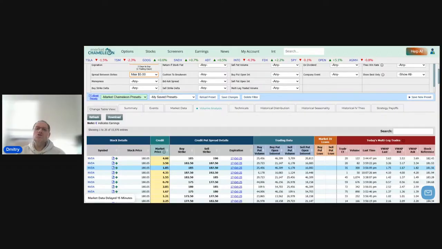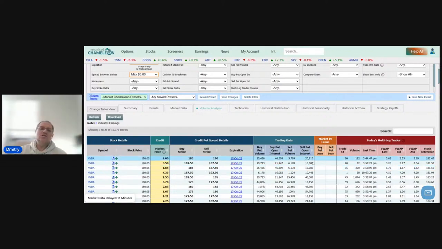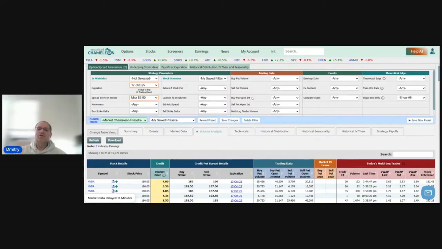So if we wanted to filter out where we see volume in the leg, so this is not necessarily volume in the spread itself, which we could screen for, but just general volume in each of the legs, then we'll come up here and you see we could filter by open interest or put volume. Let's just say for each side, we're going to require at least 1,000 contracts.